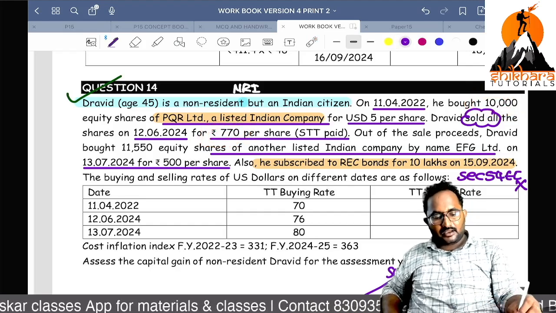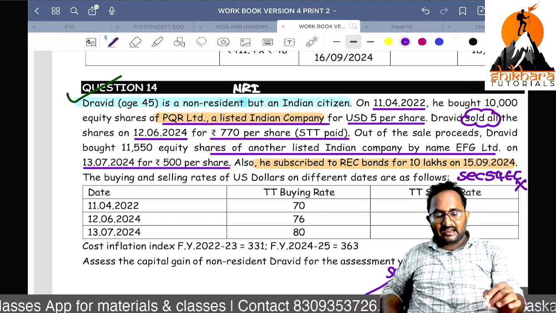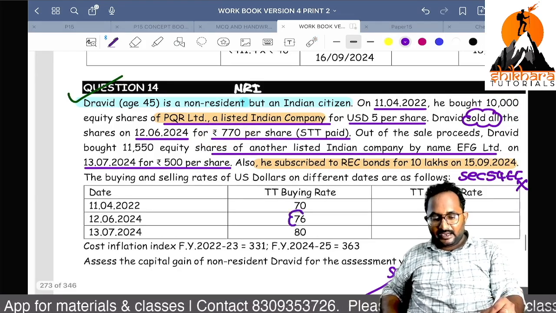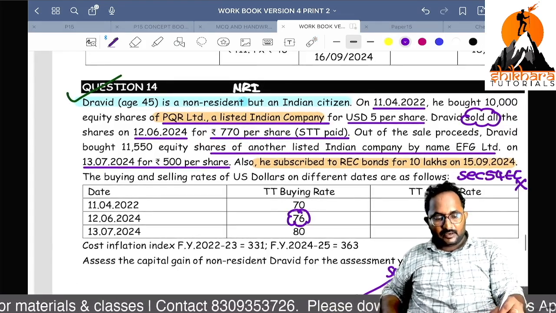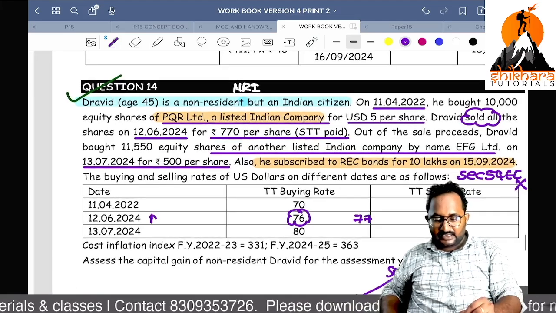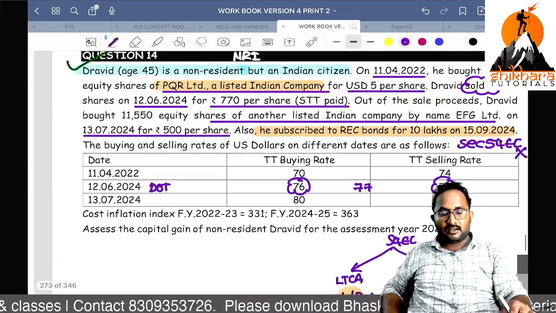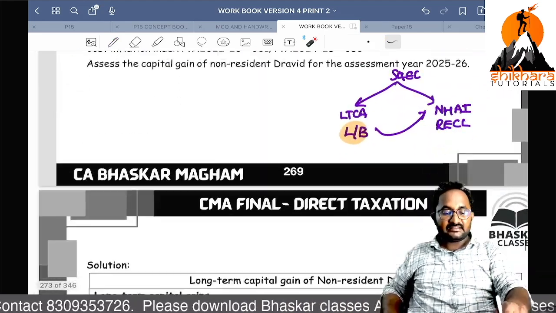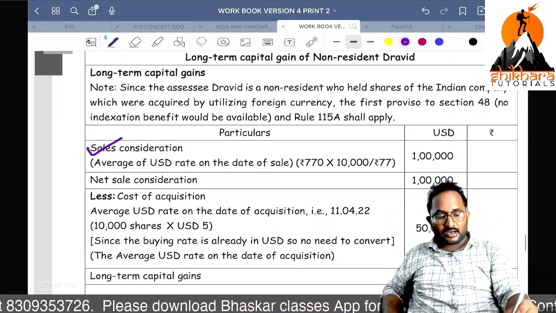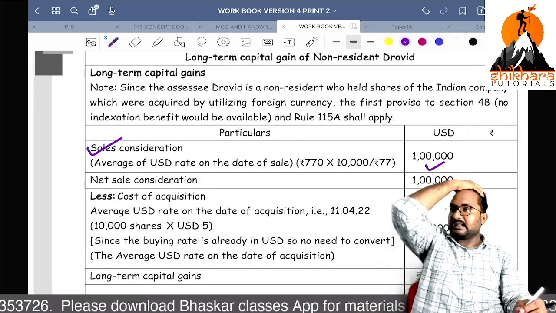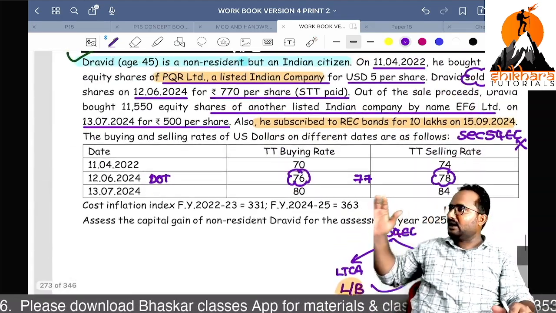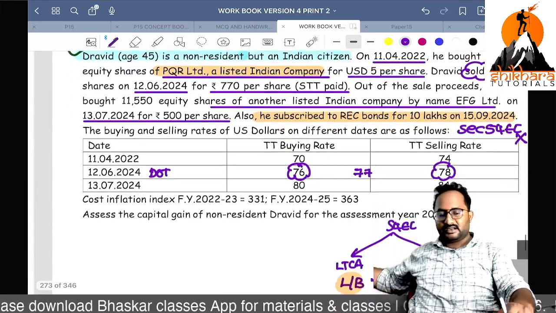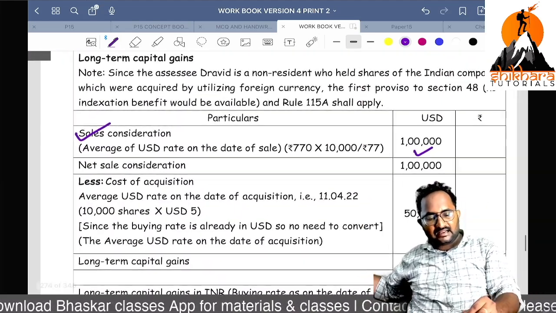Average of telegraphic transfer buying rate and selling rate on the date of what? Transfer. I think it will be 77. It is only the date of transfer. Can you convert? The total amount of sale consideration is this one divided by 77. You will get in dollars how much? 1 lakh. Transfer expenses mentioned in the question? No. Transfer expenses not given. This is only net sale consideration.